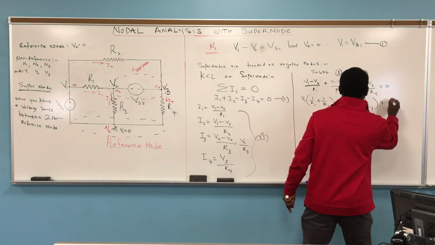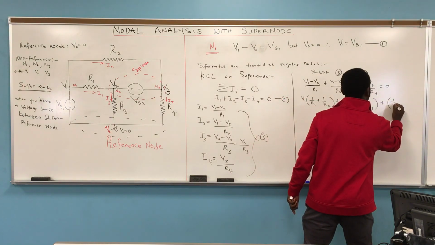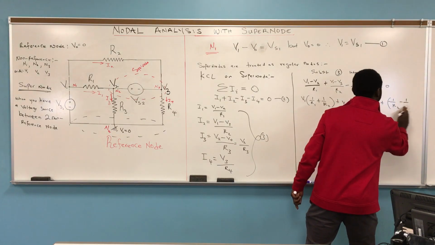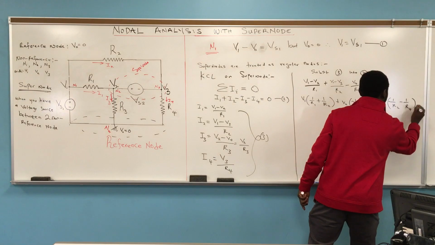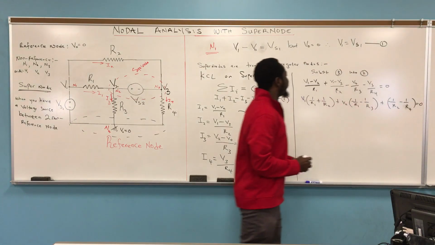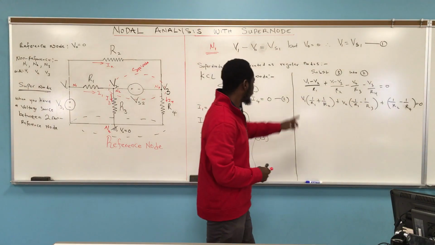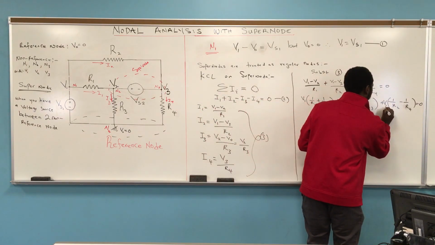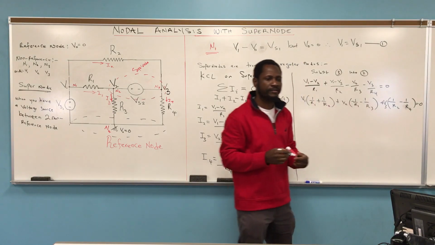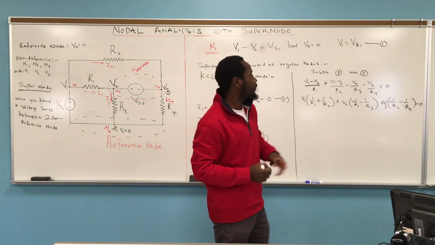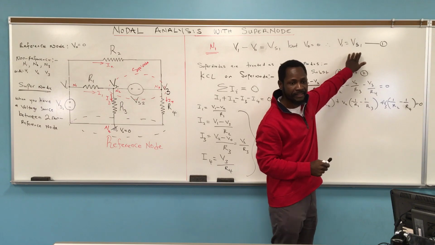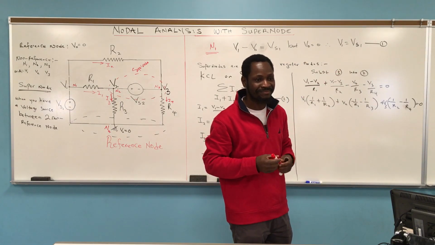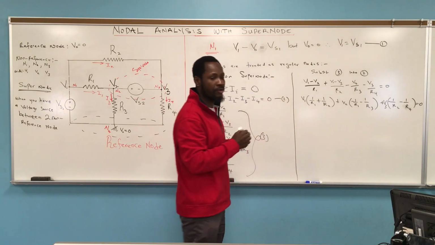No. How many unknowns? 1, 2, 3. All the voltages are unknown. Well, we have one already. But when you have 3 unknowns, you need 3 equations. So we have one more equation.